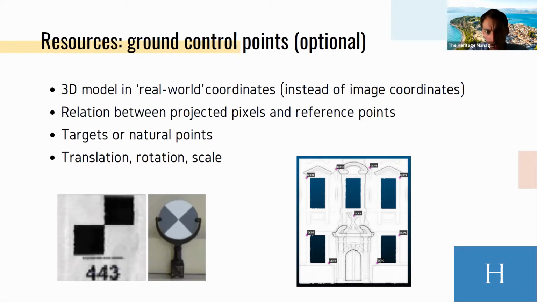So if you have a flat surface like a terrain, you can position these ground control points, these black and white targets, and use your rod to measure the center of these black and white targets, or you can aim at them using your total station. And by doing that and making a photo, it's very easy to make the relation between the physical ground control points, the real world coordinates of these points, and the pixel coordinates of these points in different photos.